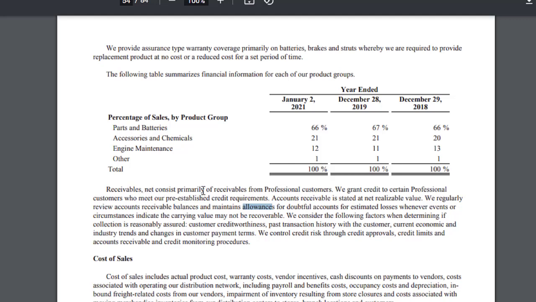Receivables net consists primarily of receivables from professional customers. We grant credit to certain professional customers. We regularly review and maintain for estimated losses. We consider the following factors. And it really doesn't tell us how they do it.